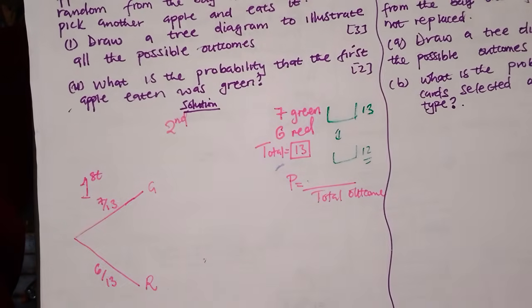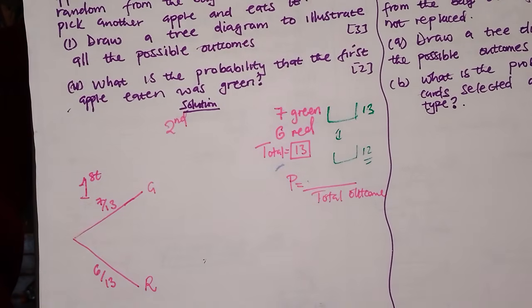So in the second pick, that's where the probability increases. Why am I saying so? Imagine if in the first pick she ate a green apple. Then in the second pick, she has 2 options. She can either pick a green apple or a red apple.